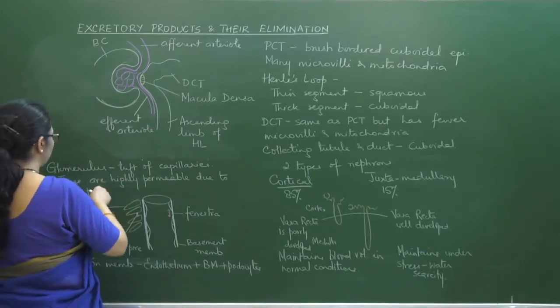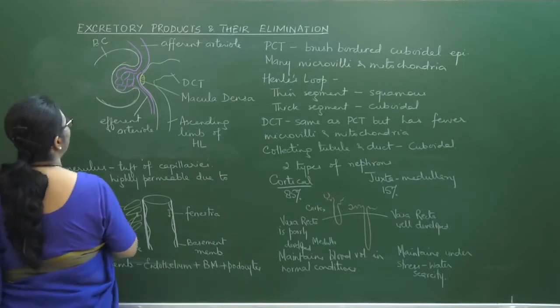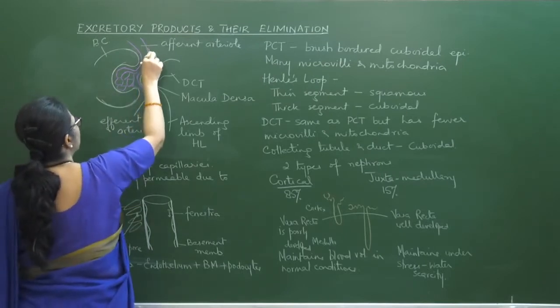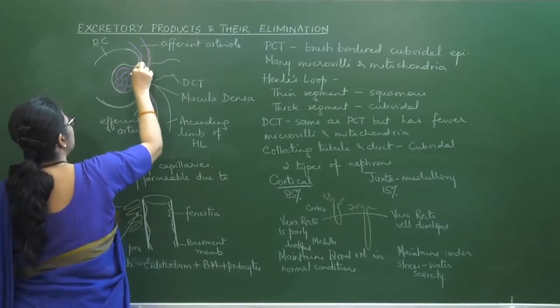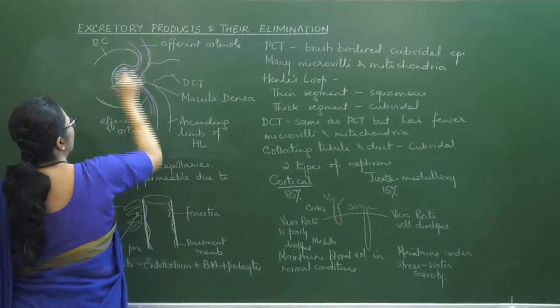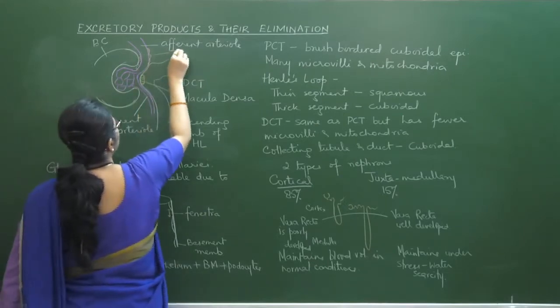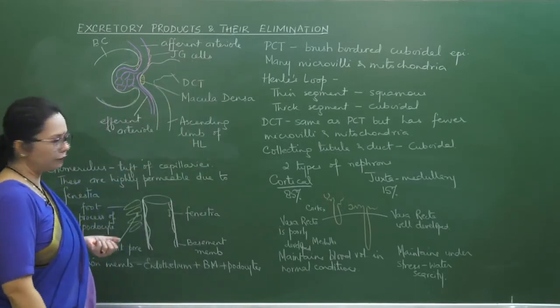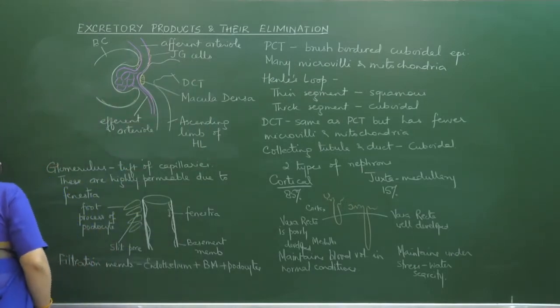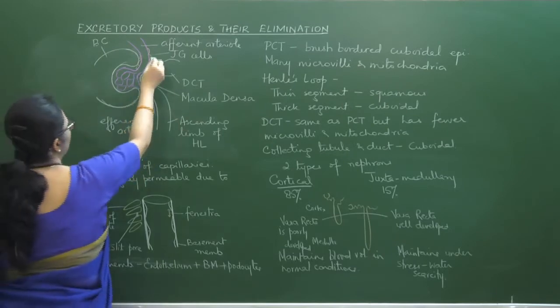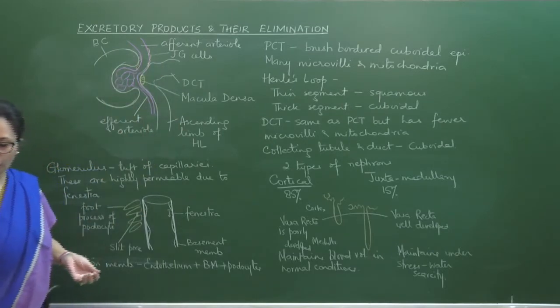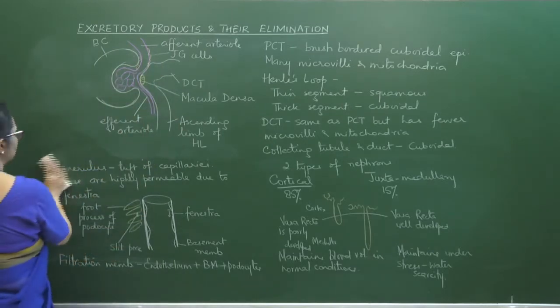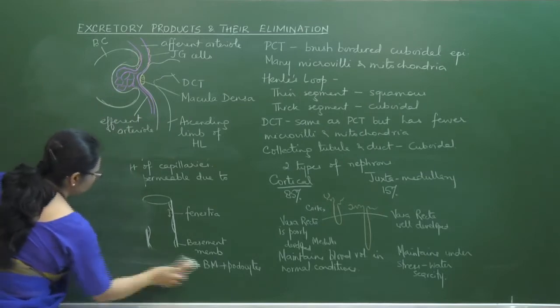And here on the wall of the afferent arteriole there are some special cells, which are called JG cells, that is juxtaglomerular cells. Okay, and this entire structure, we'll just mention, is called the juxtaglomerular apparatus. So we can mention this thing.